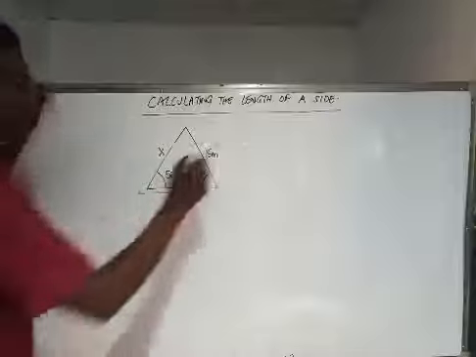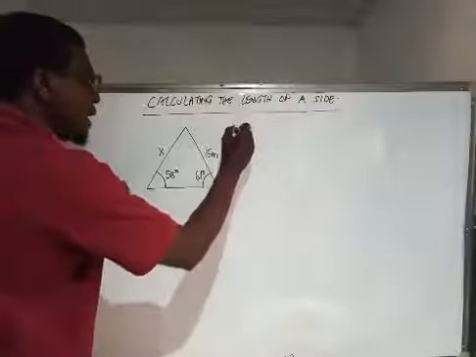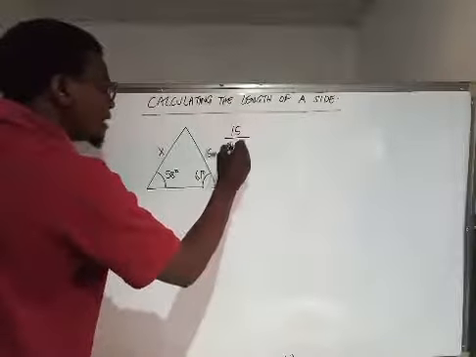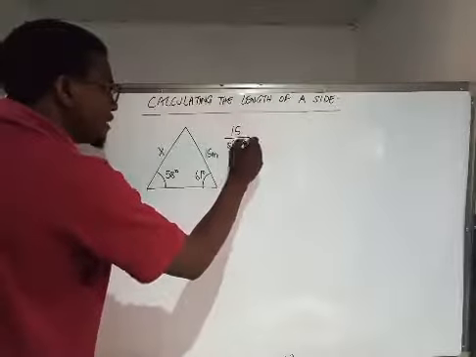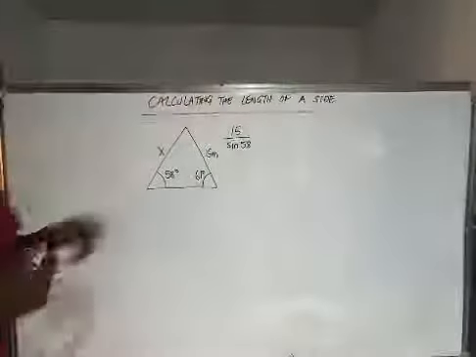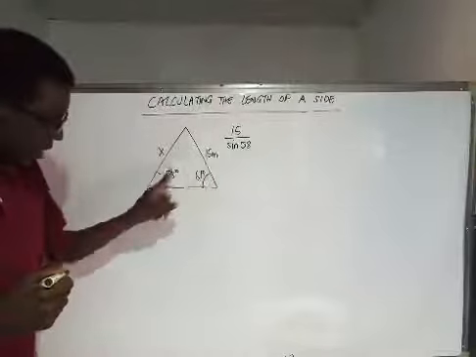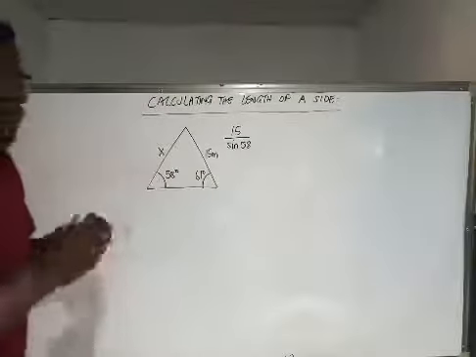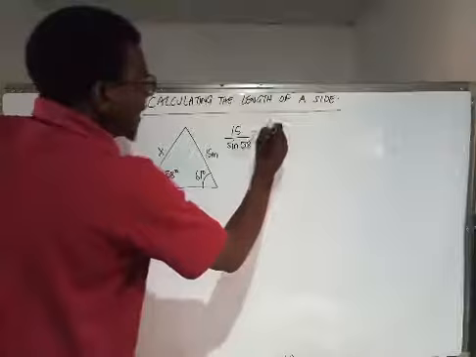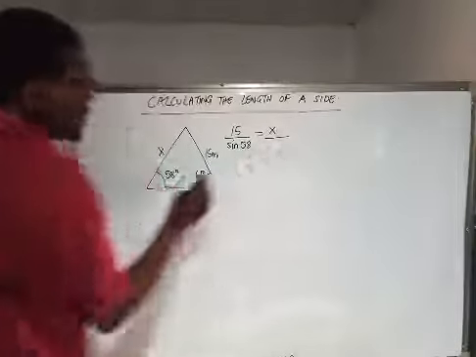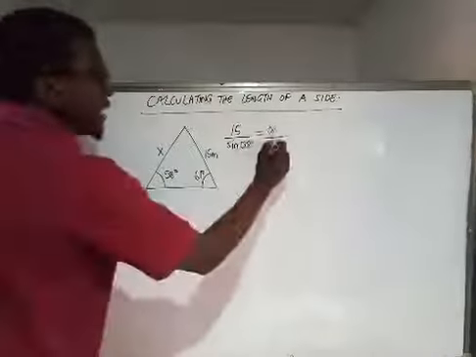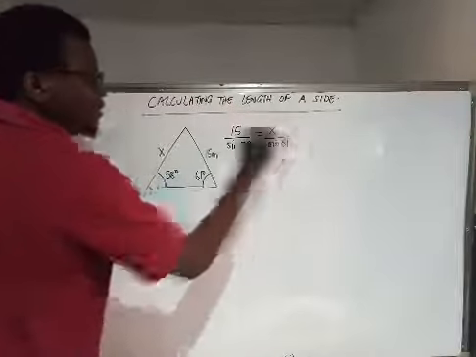Look at this: 15 is corresponding with the sine angle 58, whilst the side named x is corresponding with this angle.